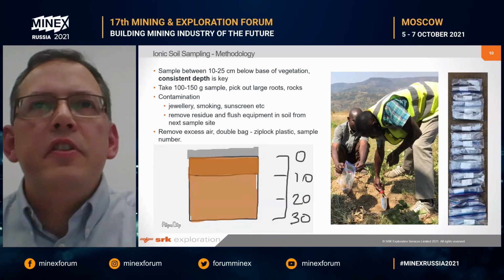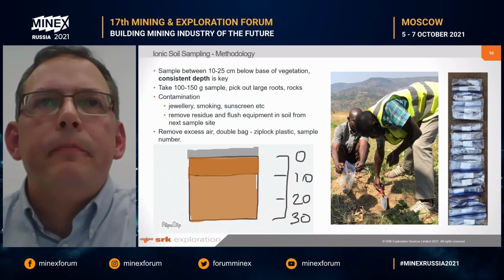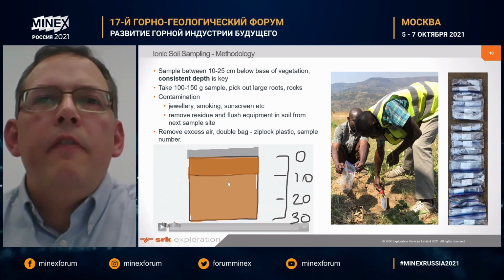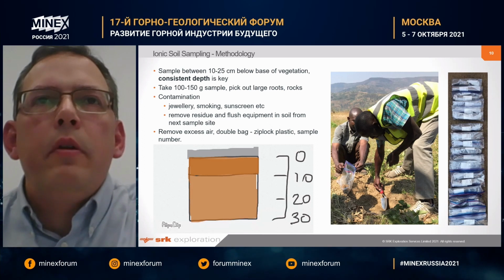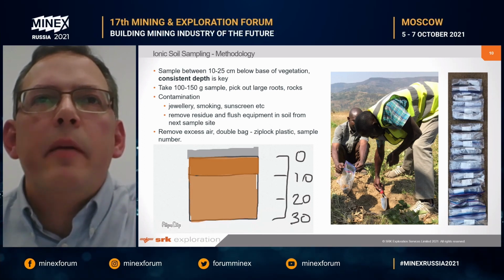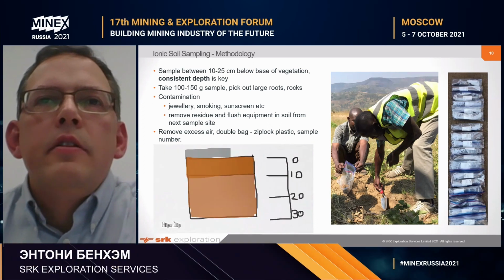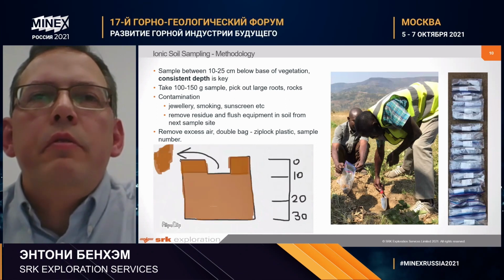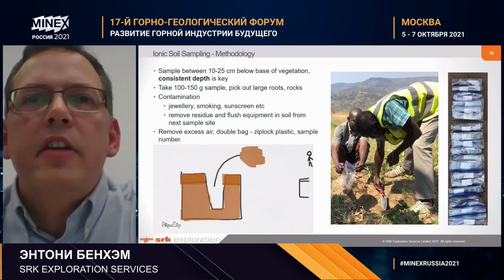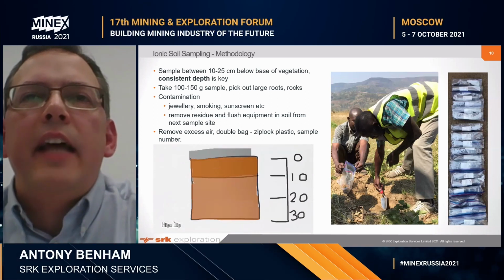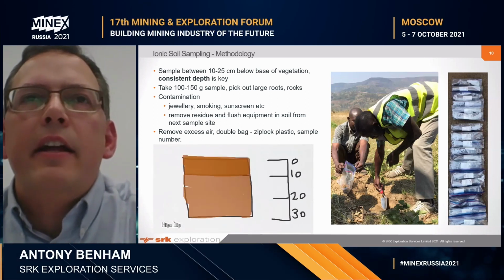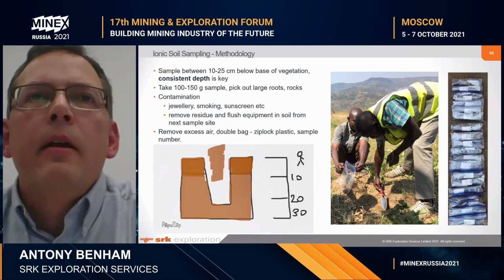The actual methodology for taking the samples is very simple. Effectively, as long as you maintain a constant depth, that's the most important thing, and avoid cross-contamination. So surface vegetation, roots and soil and rocks are taken out, and a sample is collected at a constant depth, normally between 10 and 25 centimeters.